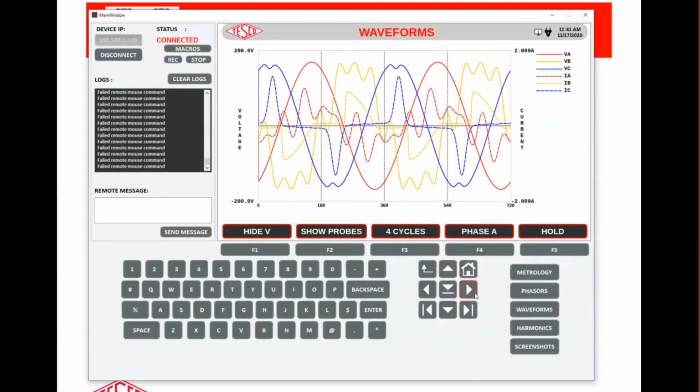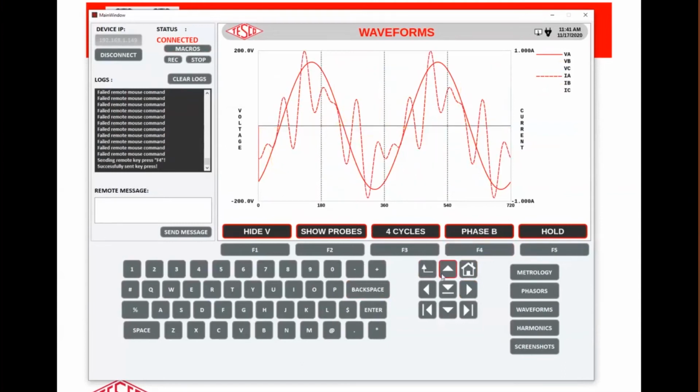And now we're going to look at various and sundry waveforms and what their harmonics look like. So here's the first set of waveforms that we're going to look at. We've got a nice sine wave for the voltage, but the current is really distorted.